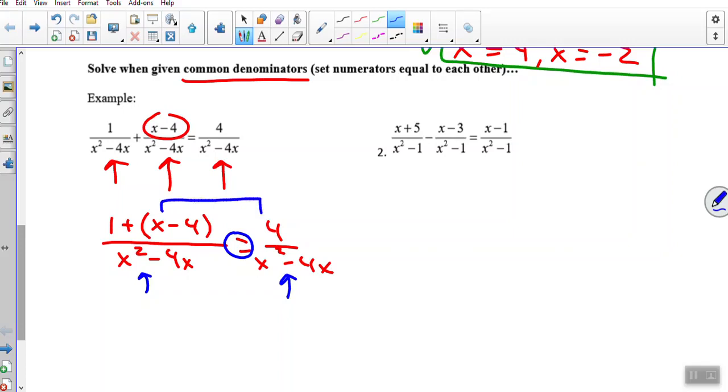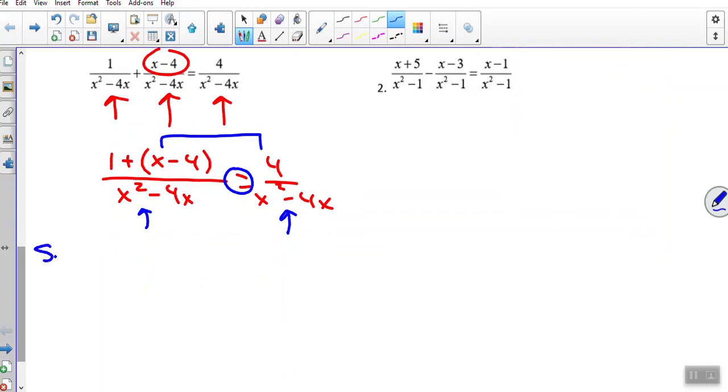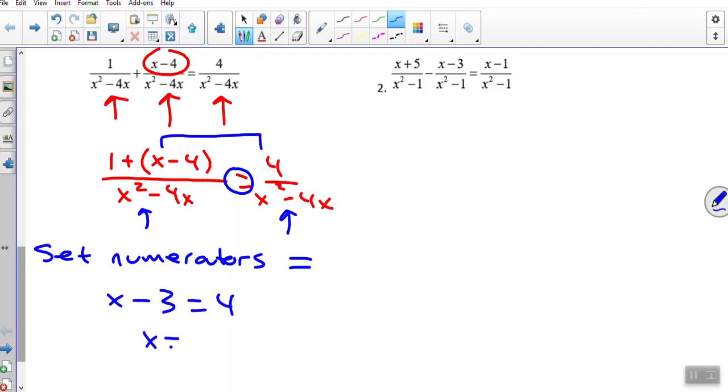So all you have to do is set the numerators equal to each other. On the left side, I get x minus 3 equals 4. X equals 7.